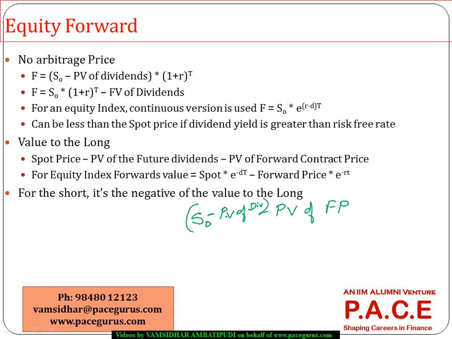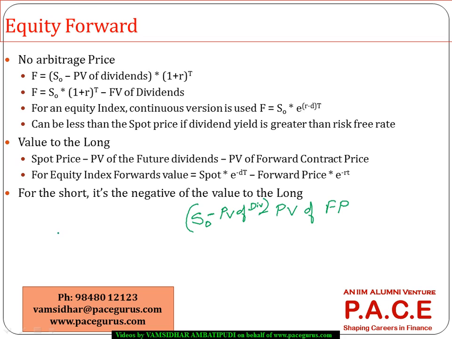Whatever dividends are still expected to be received and are not yet reflected in the price, that portion needs to be subtracted from the spot price, and after that we subtract the present value of the forward price to find the value to the long, and the negative of that will go as the value to the short.